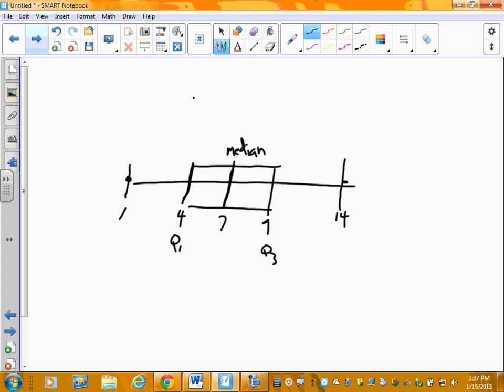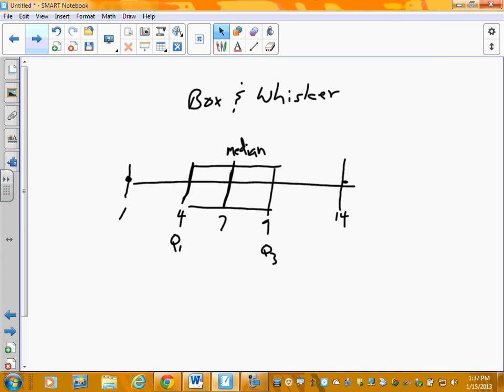Box and whisker. I probably won't write the 1 and 14. Just put them right there.